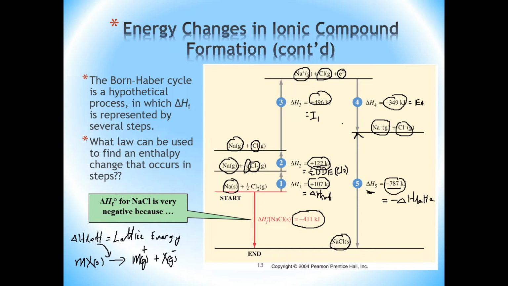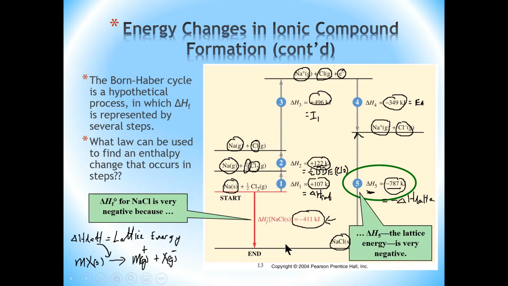And that sum would be equal to this value right here. And the reason why we know that is because of Hess's law, all right? You'll notice a question being asked here. The question being asked here is what law can be used to find the enthalpy change that occurs in the steps? And the answer would be Hess's law.